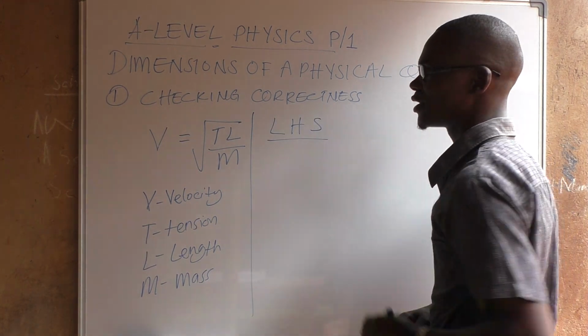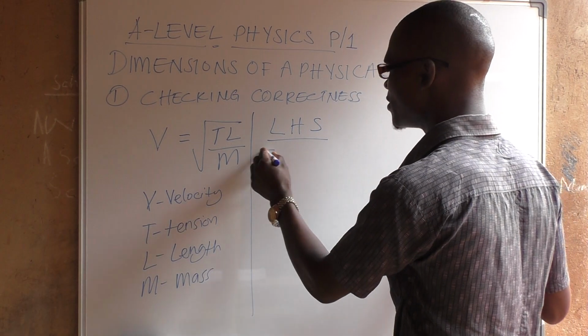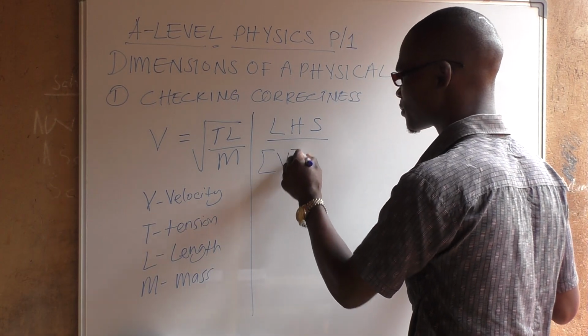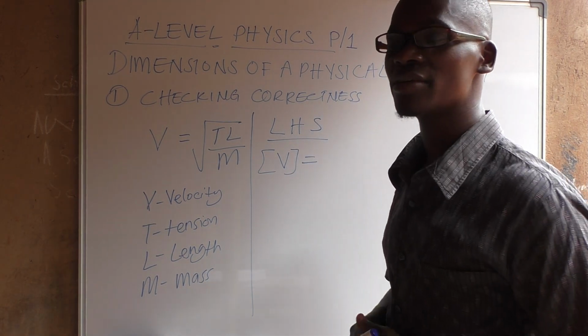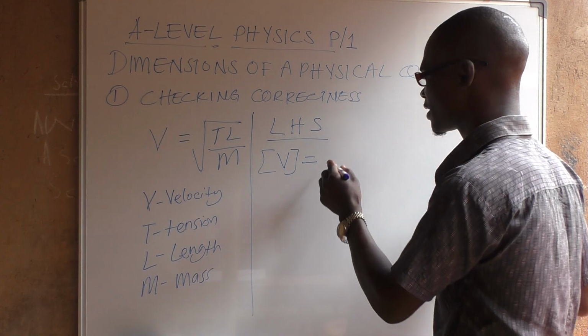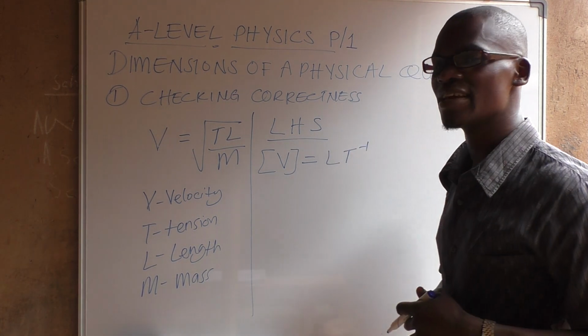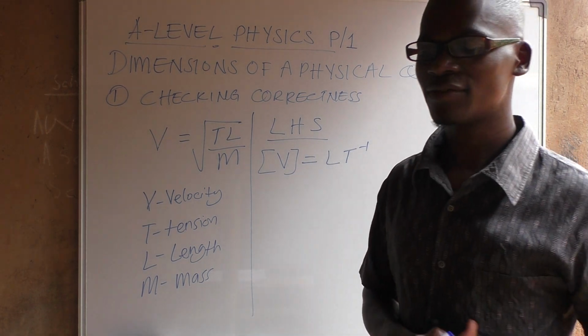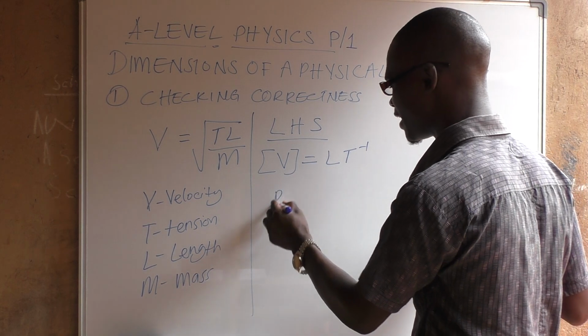On the left we have velocity. Remember velocity is displacement over time, which is length per time. Those are the dimensions of velocity. Then we shall come to the right hand side.